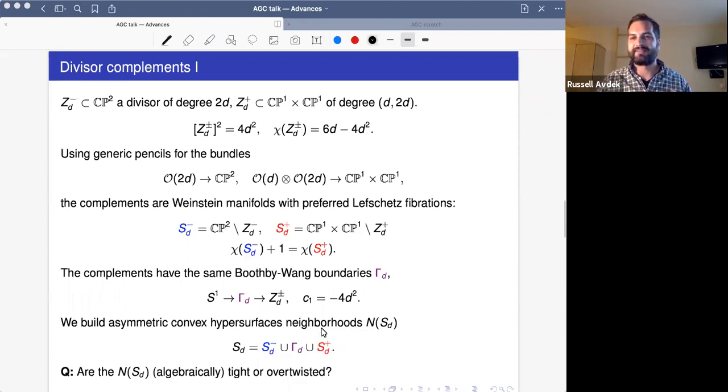And so, you know, these kind of 4-manifolds come up when you're studying Lefschetz fibrations and mapping class group relations from a holomorphic perspective. And we'd like to know, are these neighborhoods of hypersurfaces I've constructed tight or overtwisted, or at least algebraically, are they tight?